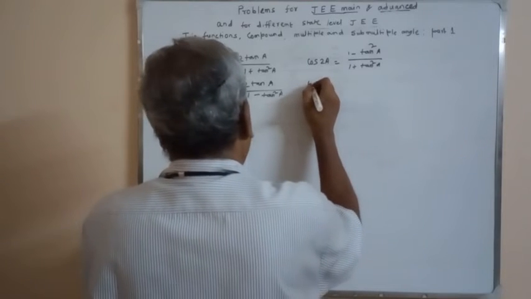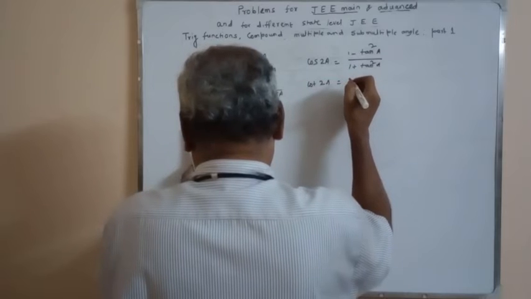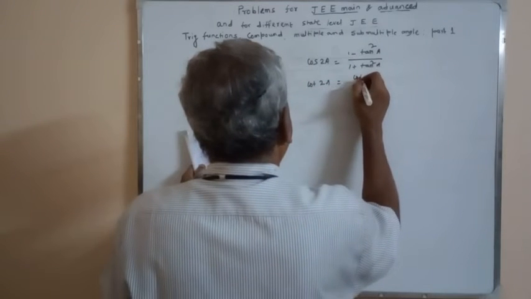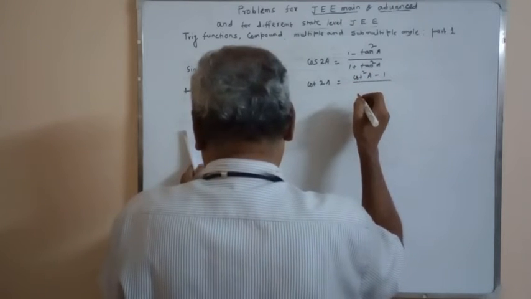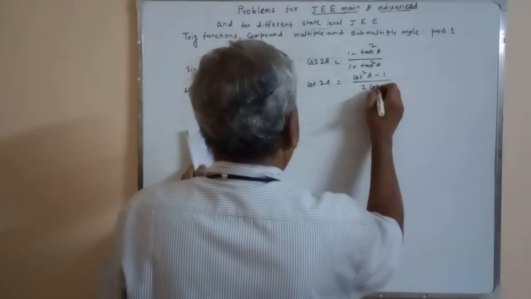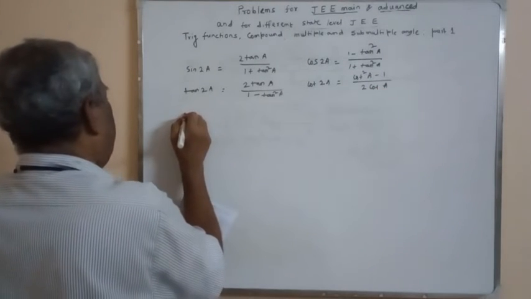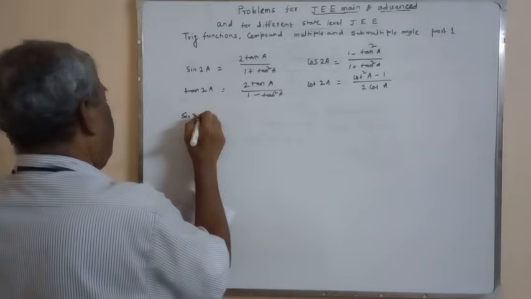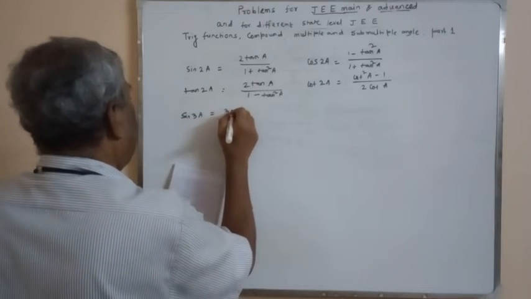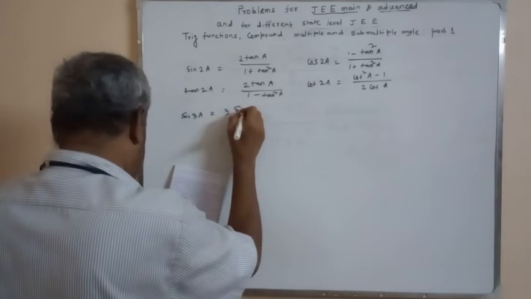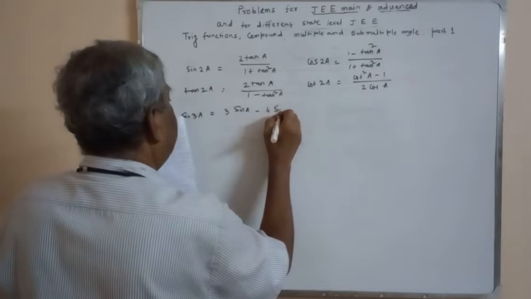Cot 2a is cot square a minus 1 by 2 cot a. Sin 3a is equal to 3 sin a minus 4 sin cube a.